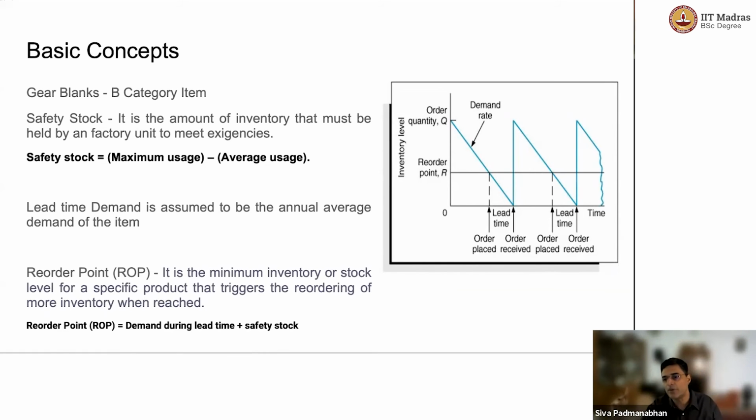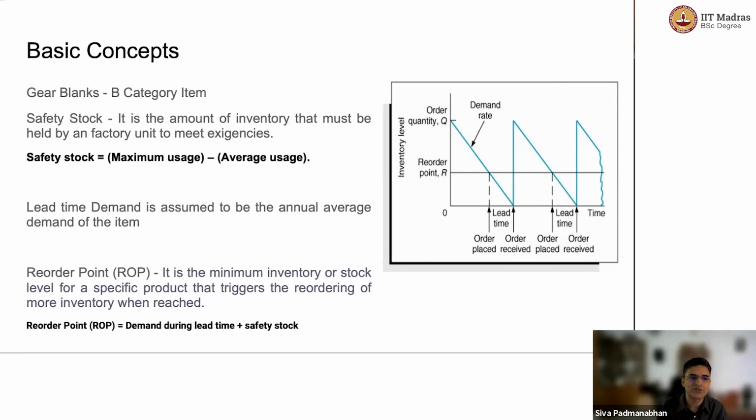Again, when we cross the order point, we place the next order, and then we receive the next order, and so on. The idea is that you never go negative. So you should not have negative inventory, which means that you never have to stop production on account of not having the product on hand. So that's how this whole formula works.